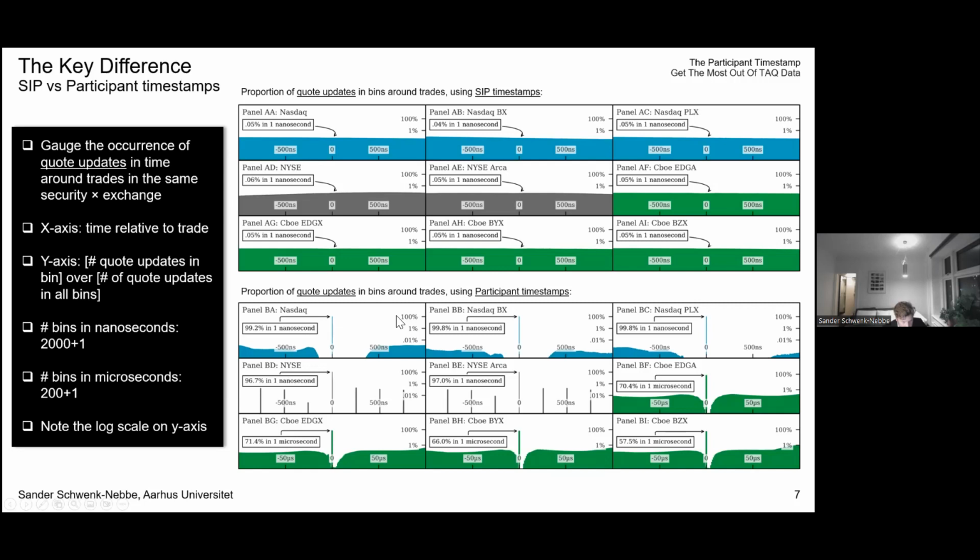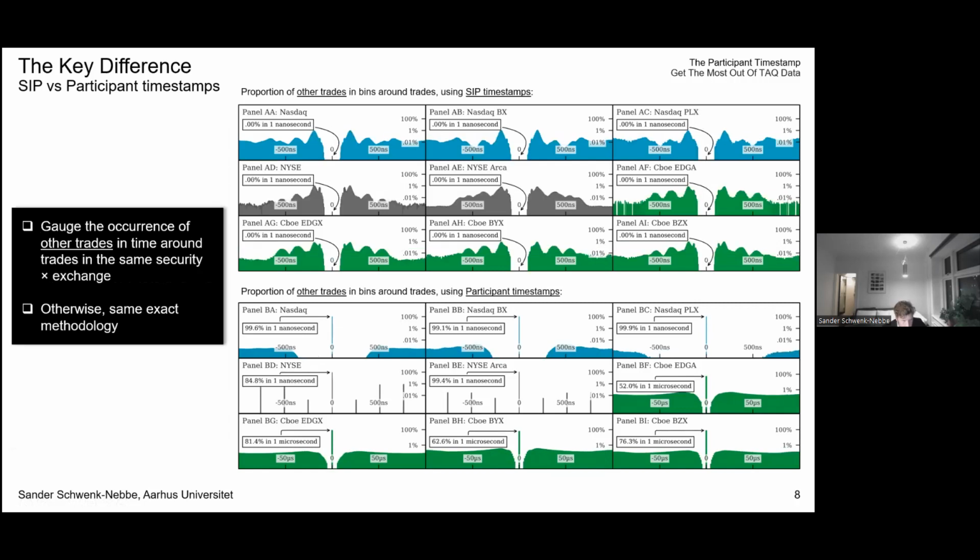Before we answer that question, let's go to trades around trades in the same security and exchange. We do exactly the same thing, where we just exchange quotes for other trades, meaning that in the bin at time 0, we gauge how many other trades in the same security and exchange have the exact same SIP or participant timestamp as trades. In participant time, we find something very similar.